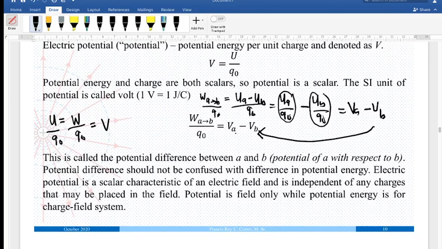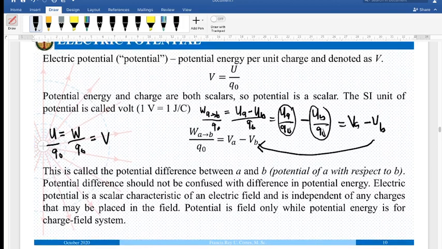This is called the potential difference between points A and B, or the potential of A with respect to B. Just like electric potential energy, it is ambiguous to say potential at point A, because we have to choose a reference point since we are dealing with a difference, not only a specific point.